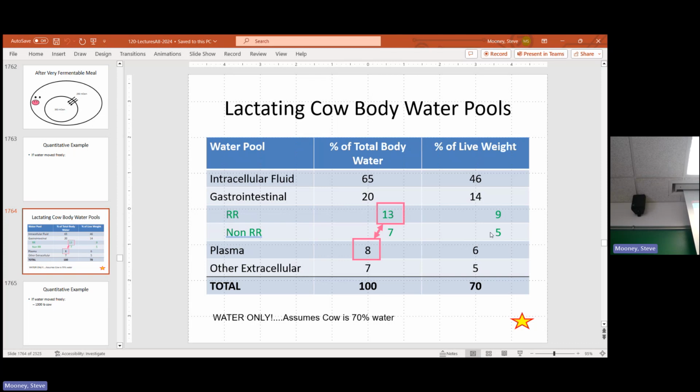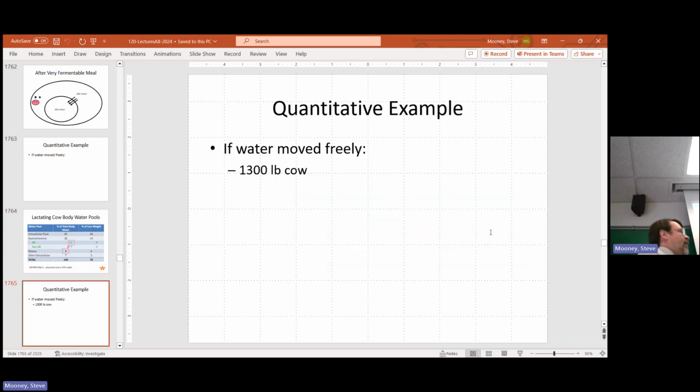We've got plasma and then other extracellular fluid like the pancreas, like saliva, all those things in the cow. You've got 8% in the blood, 13% in the rumen. Water is going to try to reach equilibrium between the blood and now this hypertonic rumen.